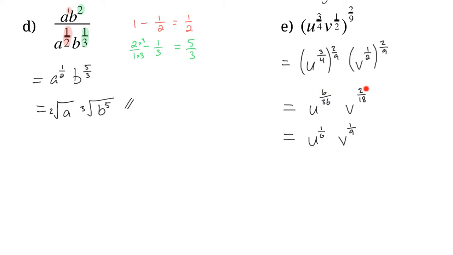And both of these exponents here can be reduced further, so we are left with u to the power of 1 over 6 times v to the power of 1 over 9. And again here, this answer would be acceptable, but we can also rewrite this as a radical. So this is just equivalent to the 6th root of u times the 9th root of v.